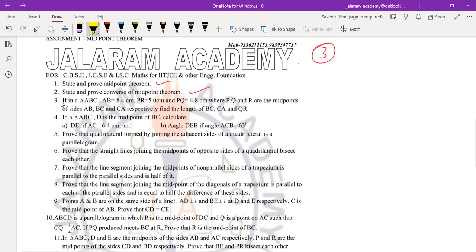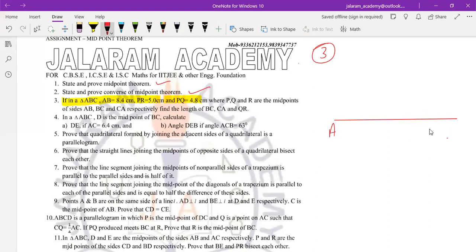So read question number 3. If in a triangle ABC, AB equals 8.4 centimeter, PR equals 5.0 centimeter, and PQ equals 4.8 centimeter. First of all, we will draw the triangle ABC, and some things are written wrong, so we have to make the correction in this question also.